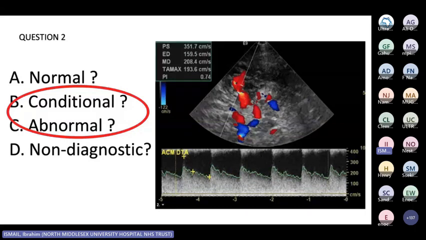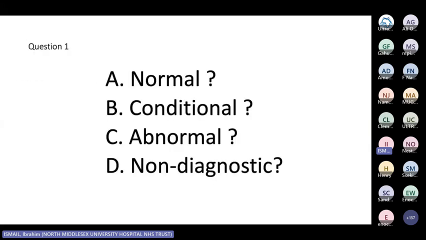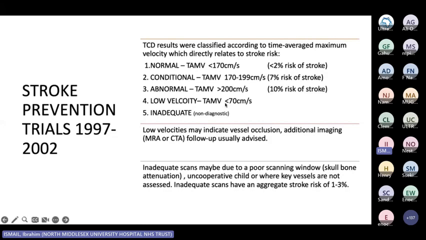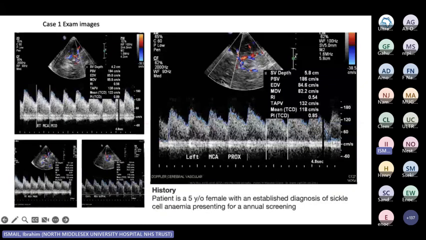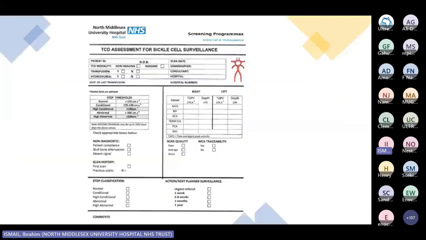So, for example, if it's 179 and the parameter, so let's go back to parameters. I would prefer to show you this parameter here. If it's conditional below 200, but it's in the high conditional area when it's above 190 centimeters per second time average mean, then I would also be wary of how close it is to abnormal.